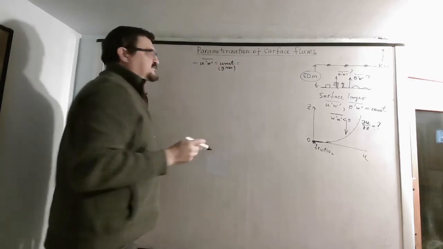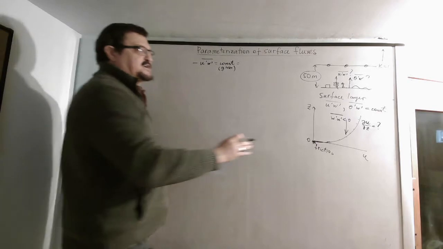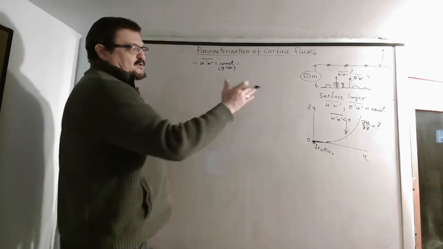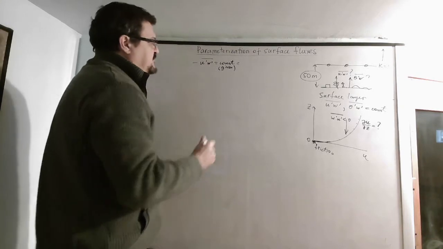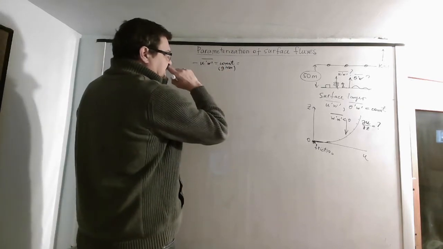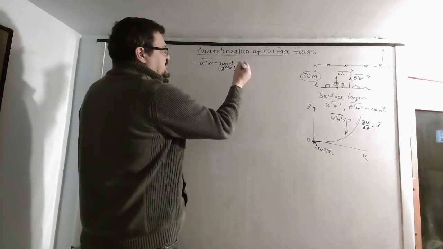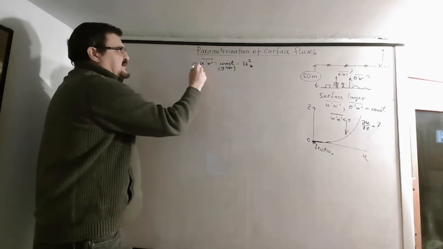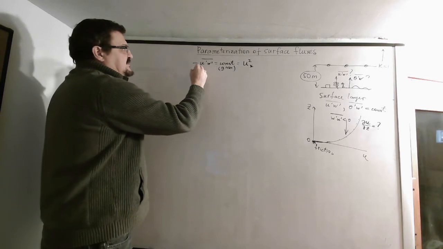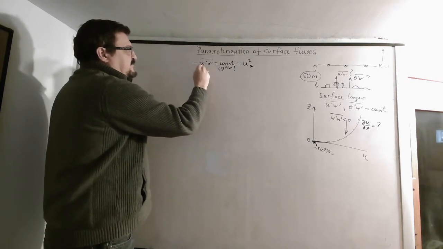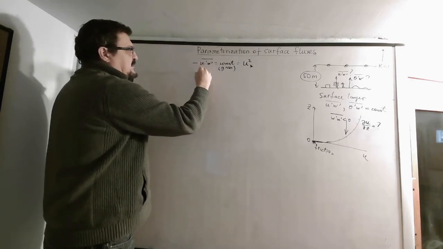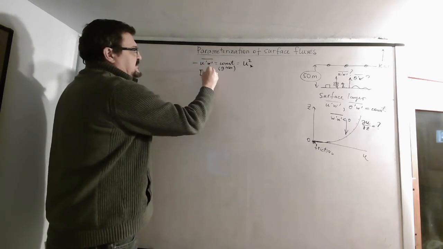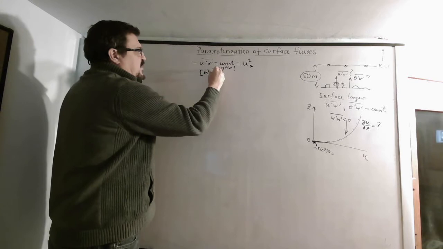So it's given. Let's say that the flux is given, and we're trying to find the wind profile, or the vertical gradient of the wind profile. This constant is usually called u star squared. By dimensionality, the dimensions of this flux are meters per second times meters per second, so it's meters squared per second squared.